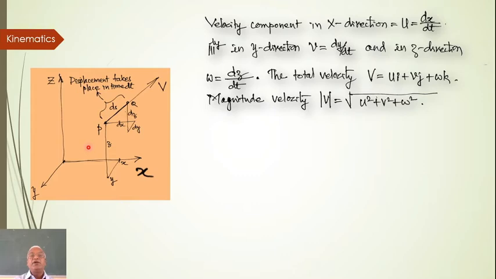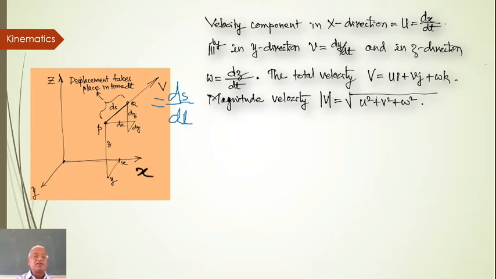Then the velocity component in the x direction, which I have told you we are representing with separate letters, and that is u, will be dx by dt, right? So for the total velocity, if I want to write this velocity v, I should write this as ds by dt, because ds is the distance traveled in an amount of time dt.